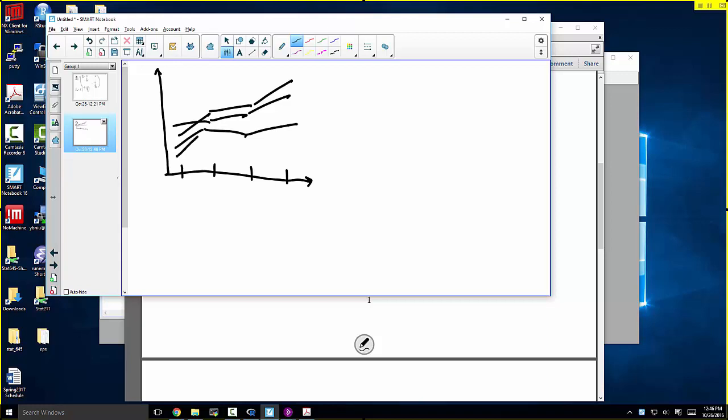We would have 27 of these line segments. It looks like you dropped a handful of spaghetti on the picture. Basically all we're doing with one of these is trying to get a feel for what's the trend over time. What is the overall pattern over time?